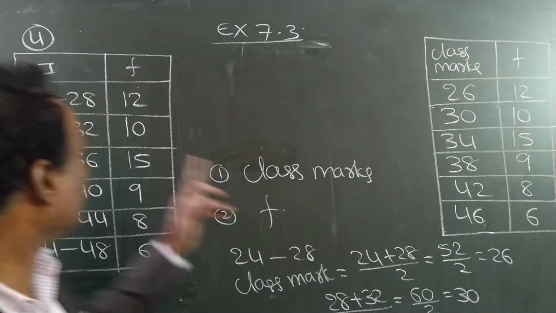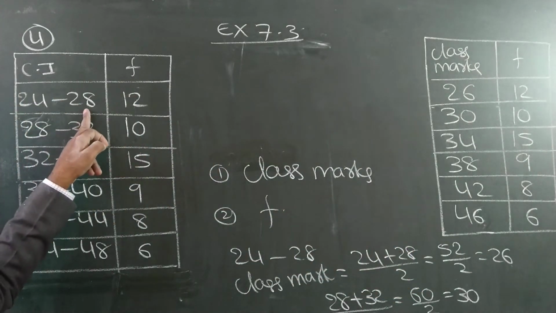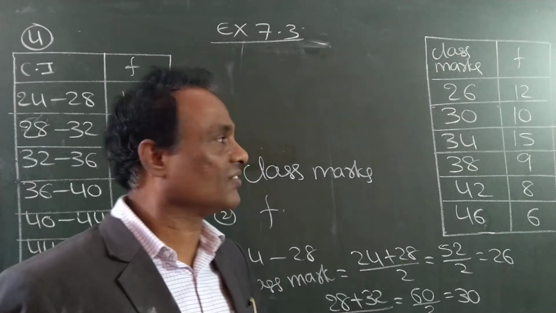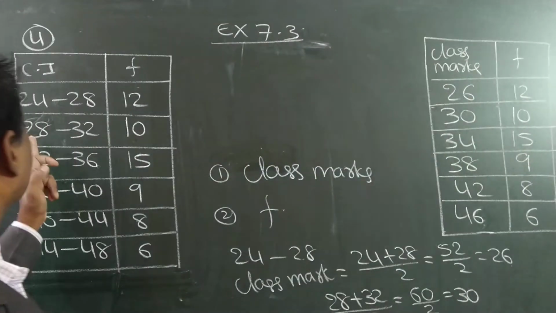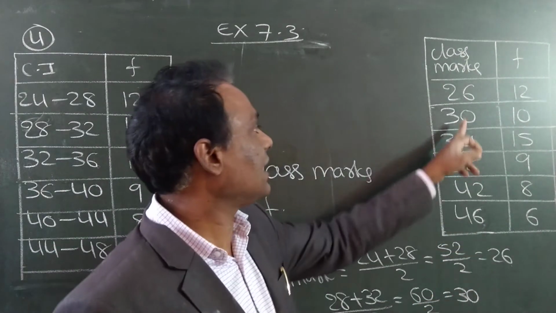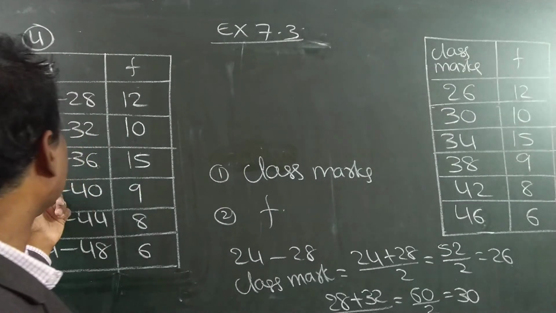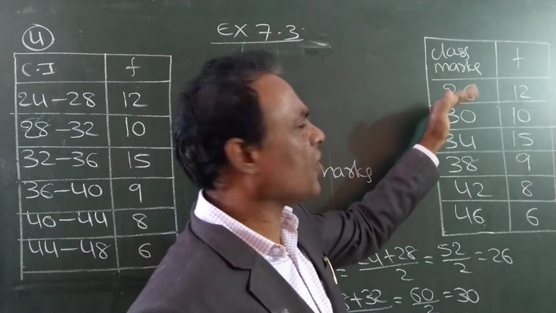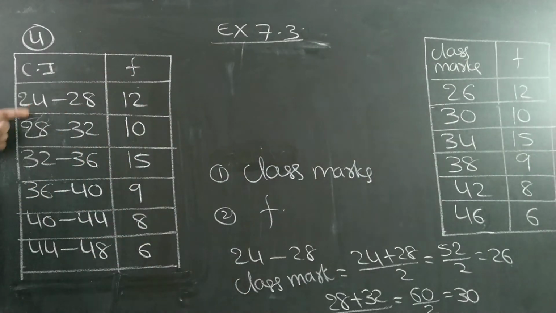24 plus 28 by 2, mid value, middle. 52 by 2 is 26. Similarly, 28 plus 32 by 2, 60 by 2 is 30. Like that, 32 plus 36 by 2. But you need not find. If you know, add 4, 4 difference.